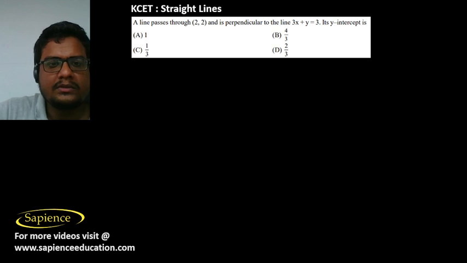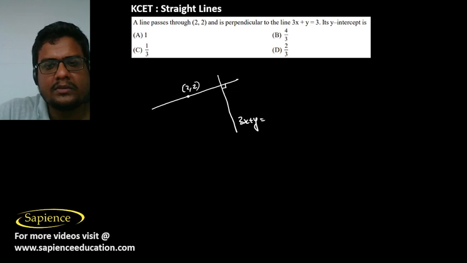So here in the first question, it is told that a straight line passes through the point (2, ...), and this line is perpendicular to the line x plus y, so its y-intercept is how much, that we have to find. So let this be the line L1 whose equation we have to find.